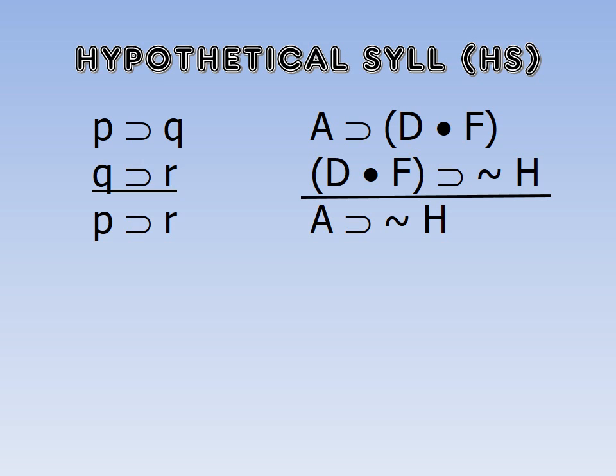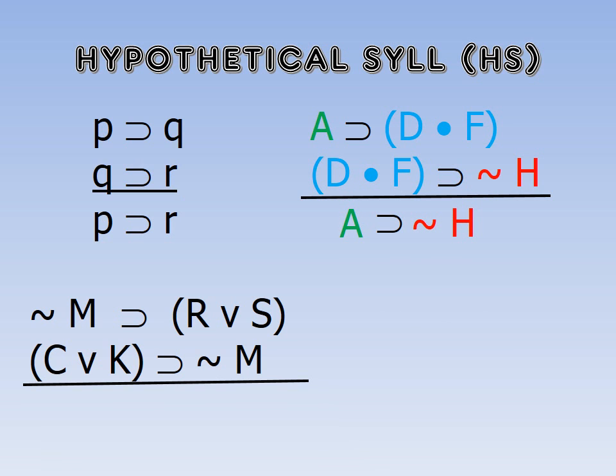Now take a look at this example. A implies a conjunction, and that conjunction implies tilde H. Does it follow that A is sufficient to take you to tilde H? Yes, it does. You still have that middle proposition, that hookup term between A and tilde H in these examples. And that's basically what's doing your work, getting you the proper link-up between A and tilde H. Well, we can try this example on for size.